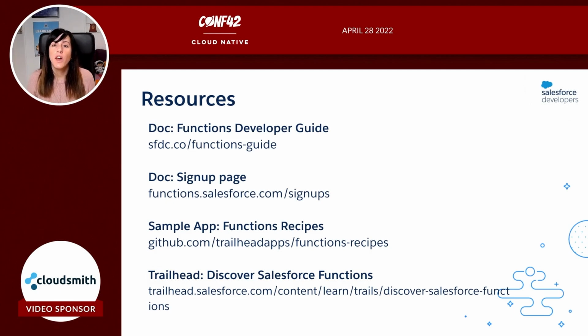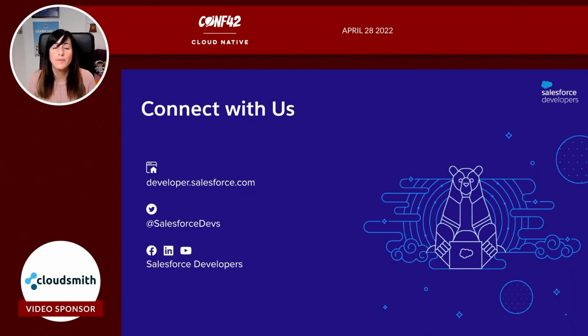Also, I leave you here again the link to the sample app that we created to help you get started with Functions Recipes. And the last link is a Trailhead module called Discover Salesforce Functions. Trailhead is our guided learning platform in which you are going to find more than 1,000 modules to learn Salesforce in general and also Salesforce development.